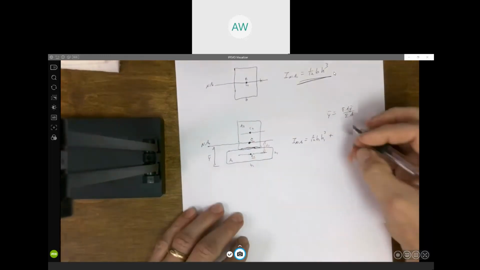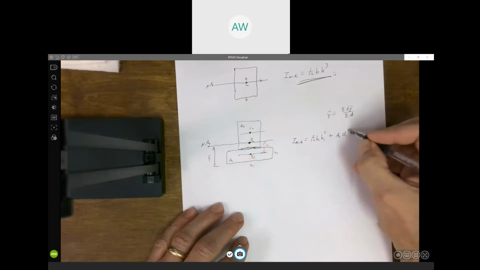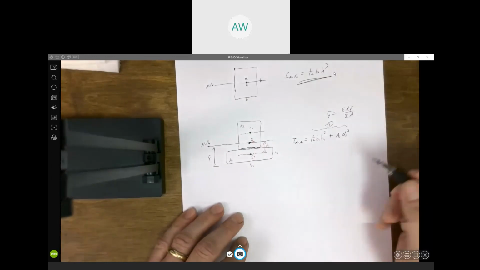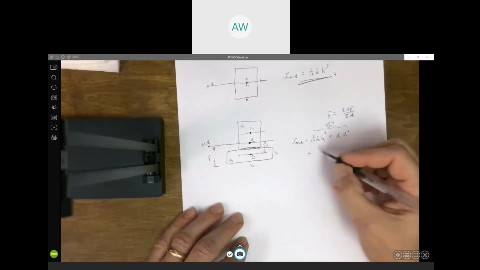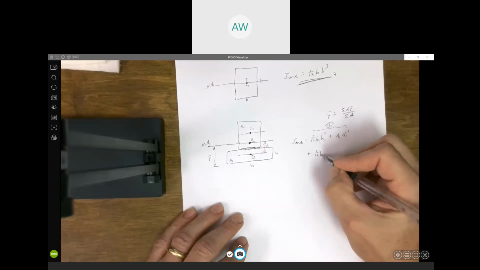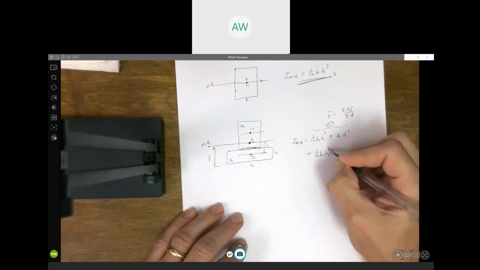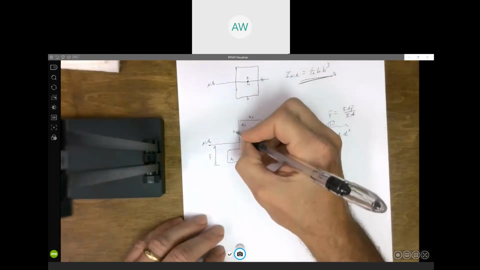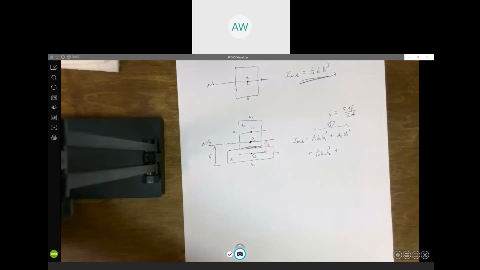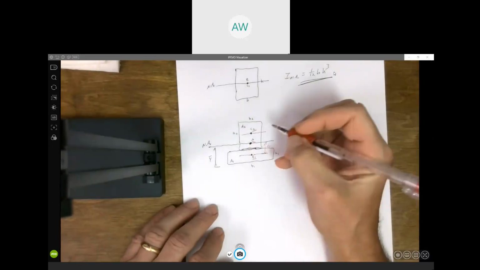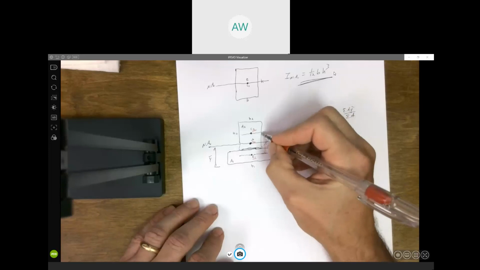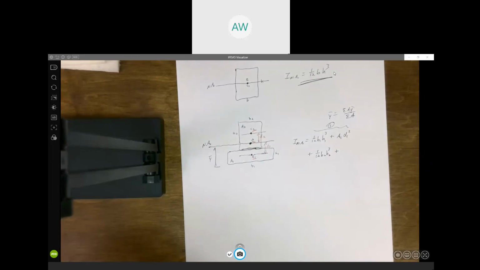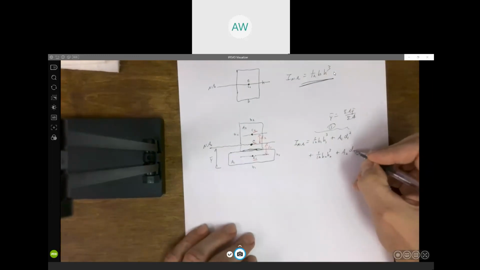That's where we would have to add whatever that area is times that distance squared. And then we have to do the same thing for area 2: 1/12 base times height cubed, this is B2 and H2. But again, the centroid of this piece is not located on the neutral axis. It's some distance away from that neutral axis. So we'd have to add the area times that distance squared.